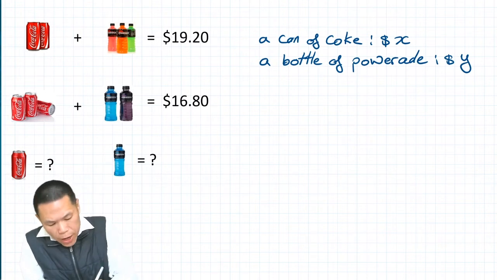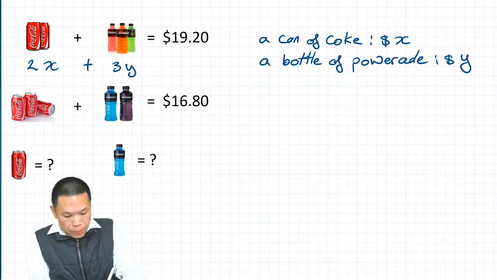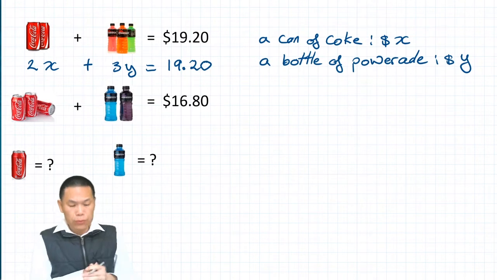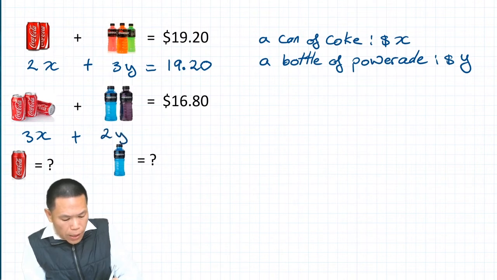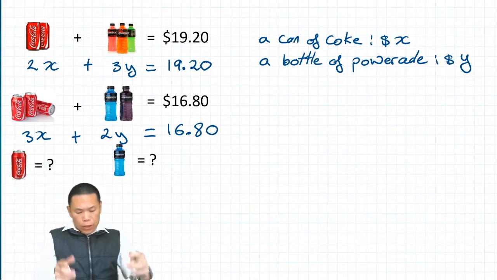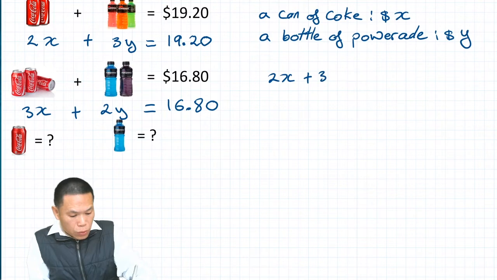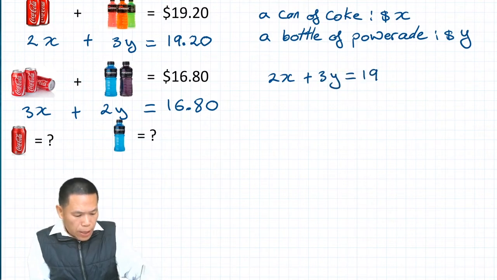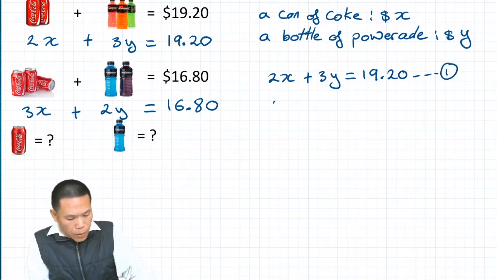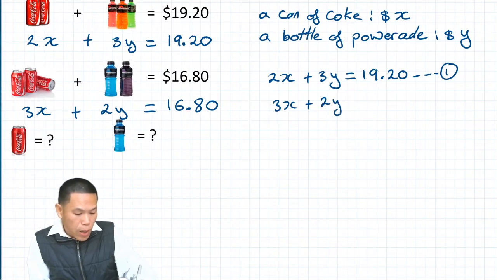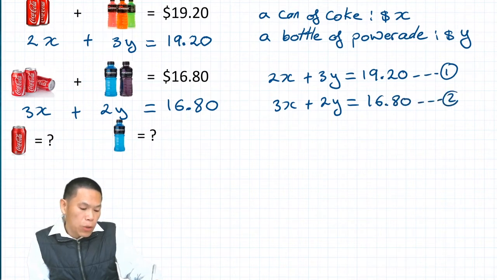So this means that we have 2x plus 3y equal to 19.20, and the second one is 3x plus 2y, which gives me 16.80. Let's name the first equation number 1, and the second equation number 2.